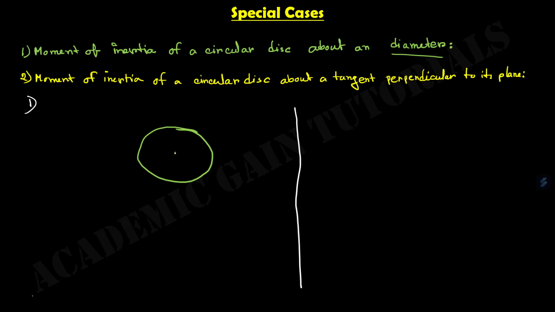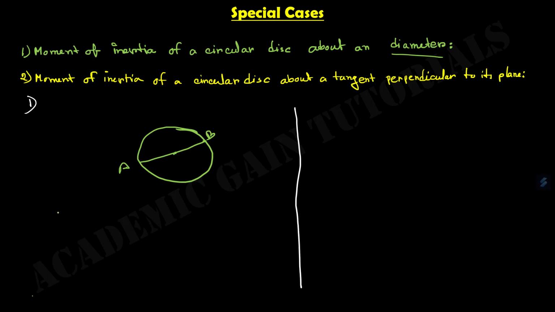As this is the center of this disc, the diameter will be this AB. When we rotate this disc around this axis AB, and AB is the diameter, then what will be the moment of inertia?